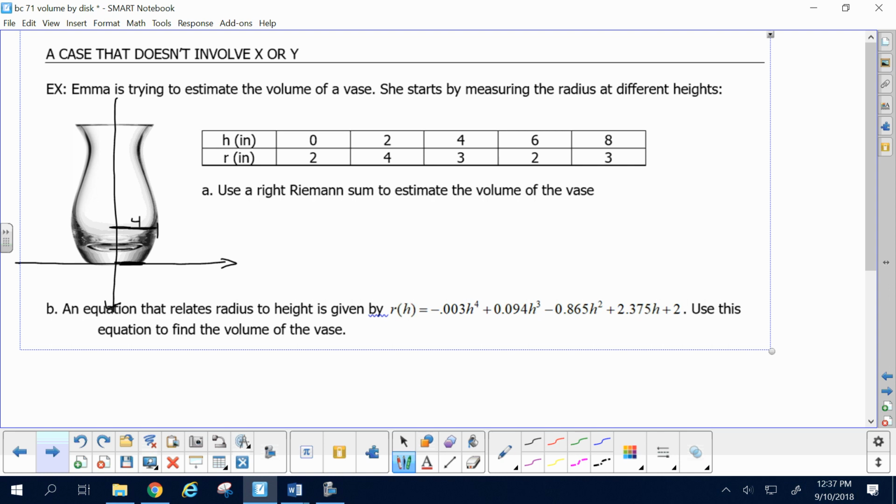At 4 inches, it's 3. This is not on the scale, but you get the idea. At 6 inches, it's 2. And at 8 inches, it's 3. Sorry, again, it's not on the scale, but you understand the idea. So, would you use a right Riemann sum to estimate the volume of the radius?